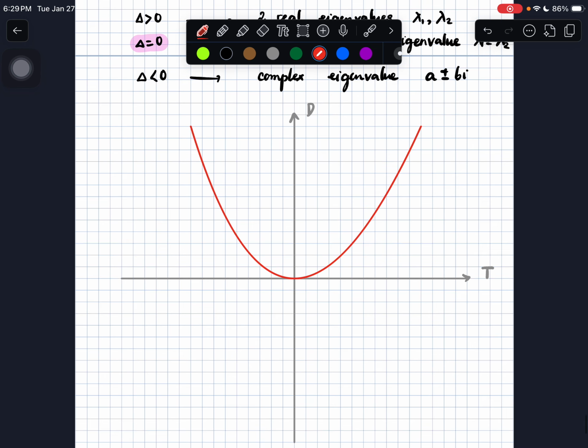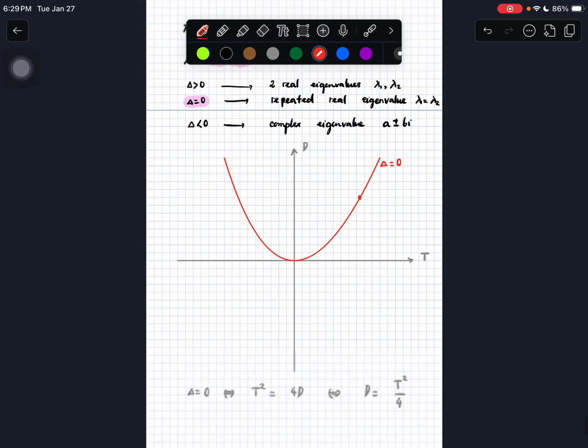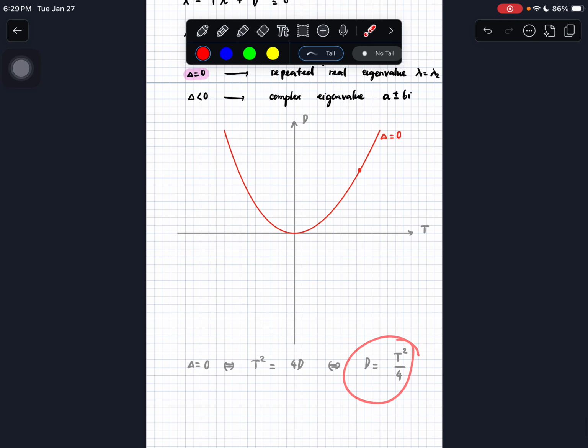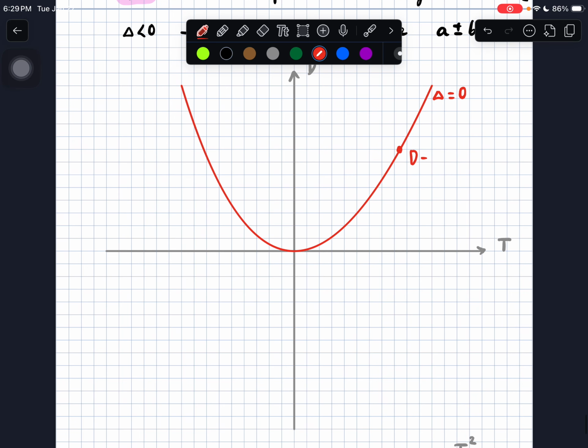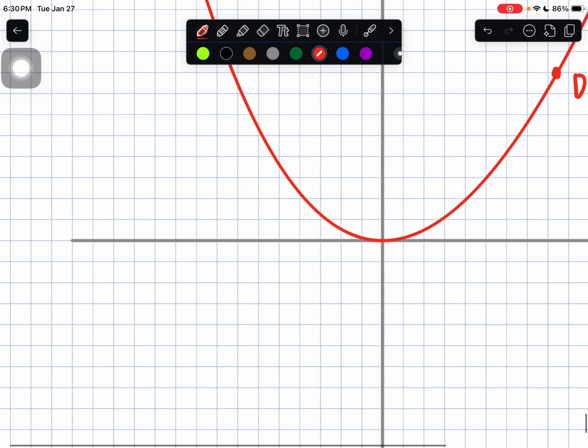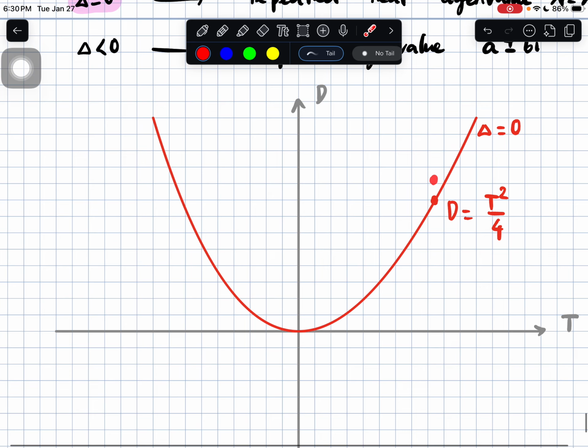So let's say this curve represents the points where we have delta 0. For example, this point on the curve corresponds to D equal to T squared divided by 4. Assume that I have a bit higher determinant, but the trace is still the same.